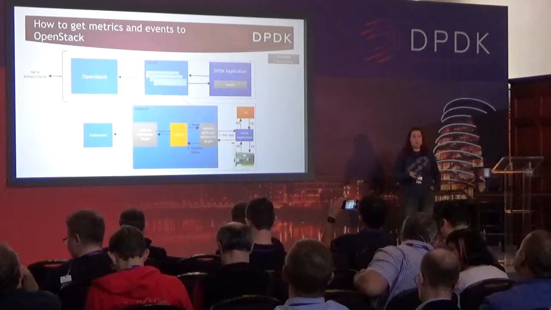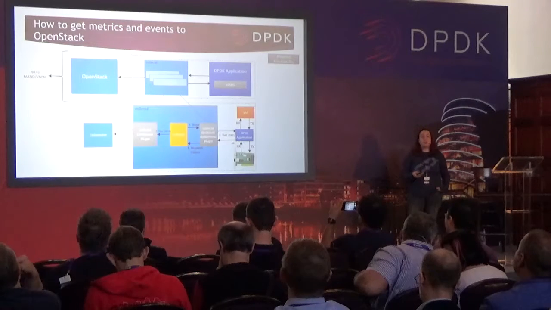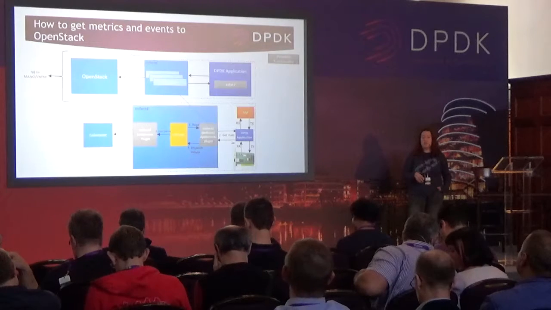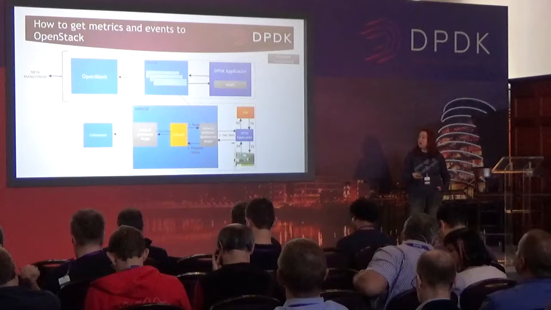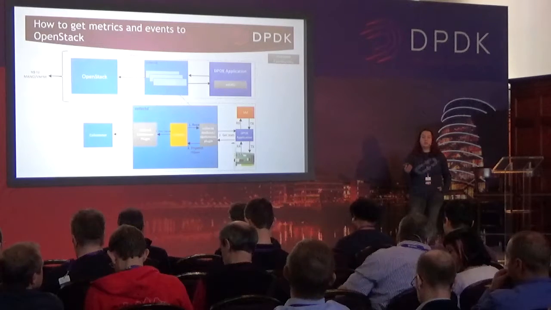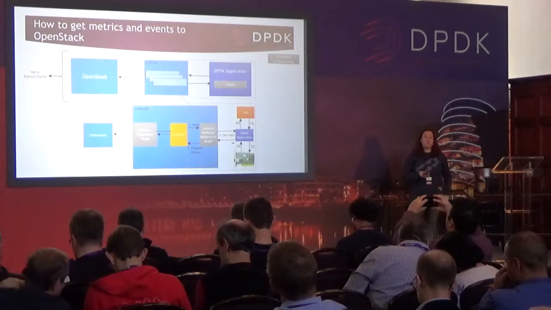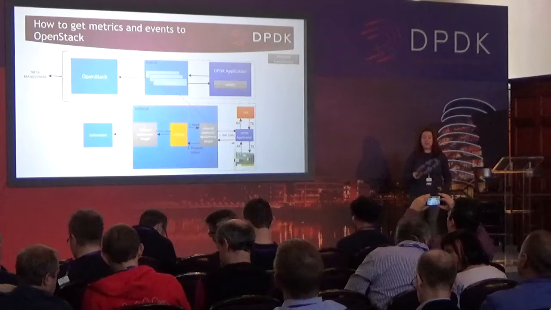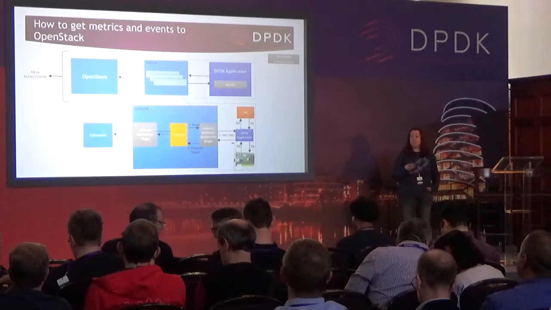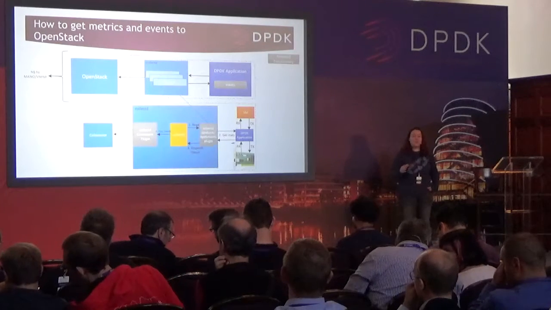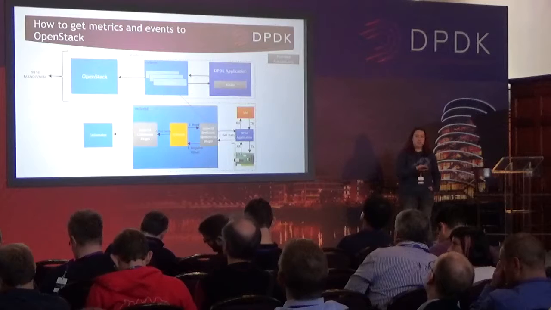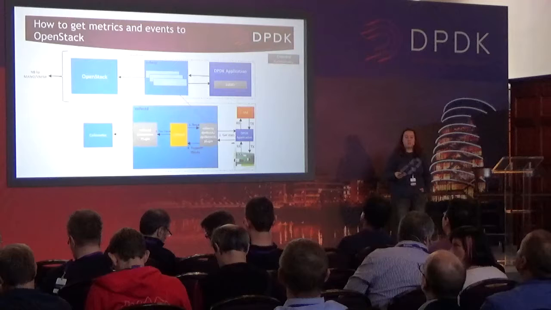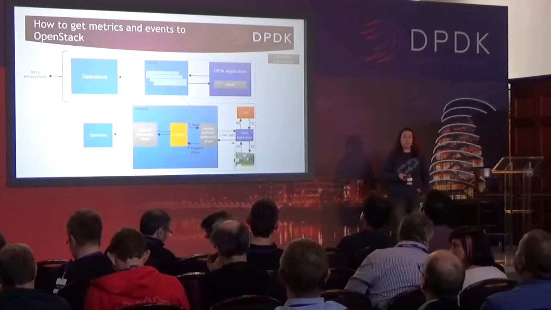The way CollectD works is you set an interval. At a particular interval, it'll poll all the plugins on the system that are registered to collect data. So when this interval expires, we'll go to the DPDK application, gather the statistics, and once that's completed, all the plugins that are configured to output information will be activated. In this case, it's the CollectD Ceilometer plugin, which is taking the CollectD data, parsing it to a format that OpenStack understands, and posting the results to the Ceilometer API currently.